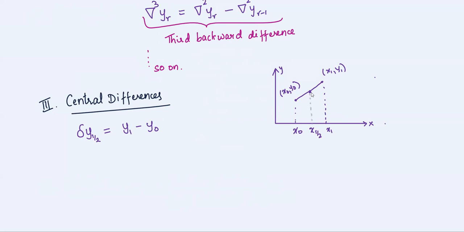So here is my central difference. I define the central difference as delta y half equals y1 minus y0. Similarly, delta y3 by 2 is y2 minus y1. Similarly, delta y5 by 2 is y3 minus y2.